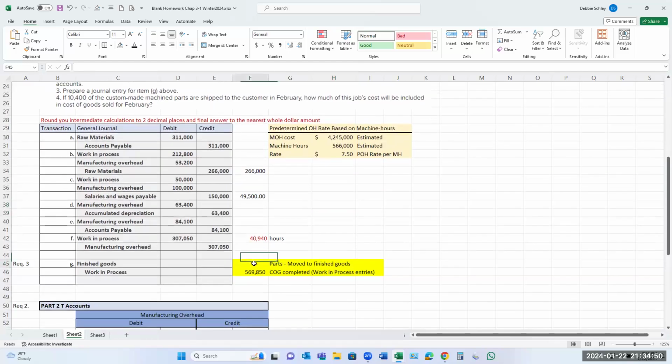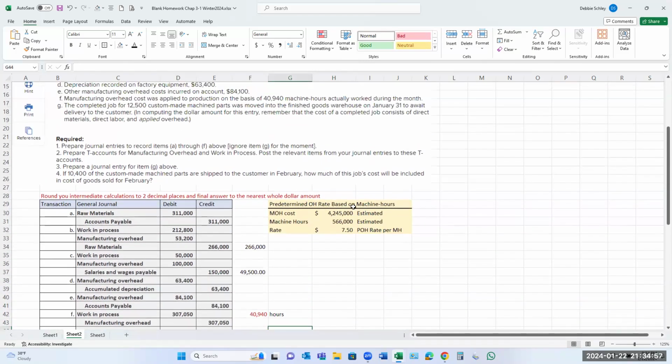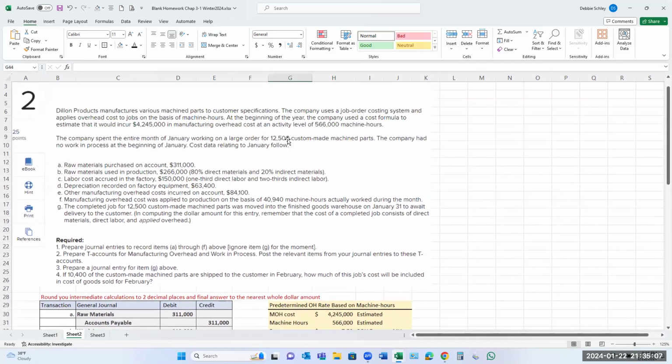So I have 12,500 machine parts that were moved to finished goods, right? Okay, and that was everything we were working on that month, right? That was what they told us right here. The entire month of January was working on those 12,500 and there was no beginning balance.